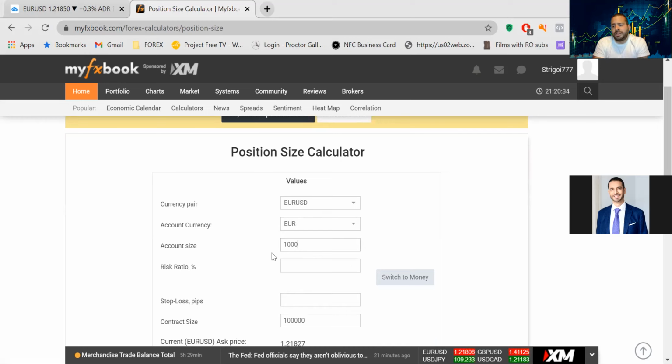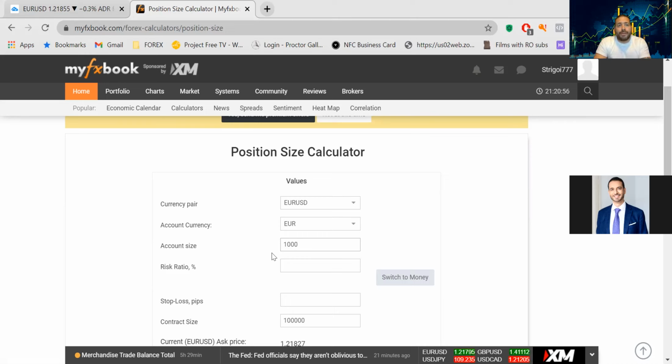So within the Innovators Club, you may have heard us talk about this, you may have heard the educators talk about this, but we don't like to risk more than 2%, maximum 3%. Of course, it's up to you. Yeah, we're not financial advisors, we don't hold your hand that much, but this is what we recommend.